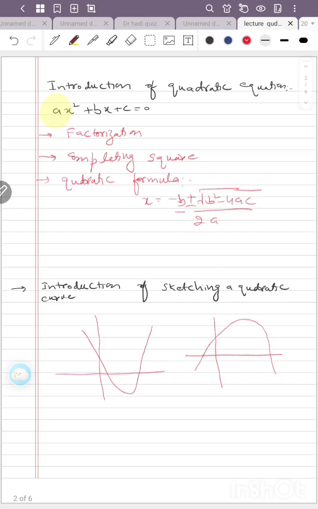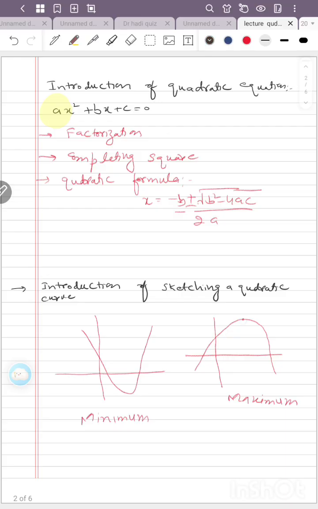When we apply this graph, first of all we should know that this is our minimum. This graph is used for the minimum point and this graph is used for the maximum point.